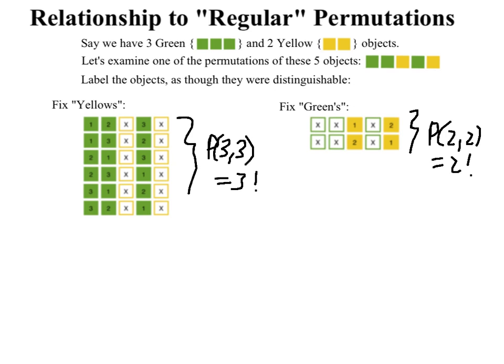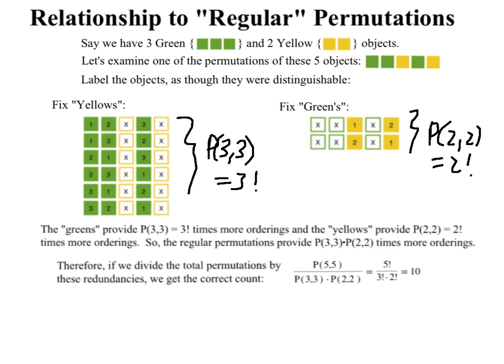So what does this imply? Well, the greens provide 3 factorial times more orderings than we want, and the yellows provide 2 factorial times more orderings than we want. So if we were to count it in the regular permutation method, we would be overcounting by a factor of 3 factorial times 2 factorial, or the permutations of 3 times the permutations of 2. Therefore, if we were to use regular permutation, we would need to divide by the number of permutations of the green elements times the number of permutations of the 2 yellow elements, which is 12 in this case.